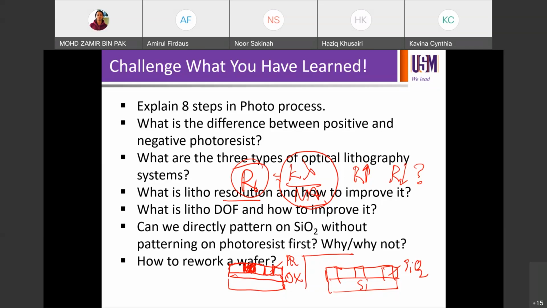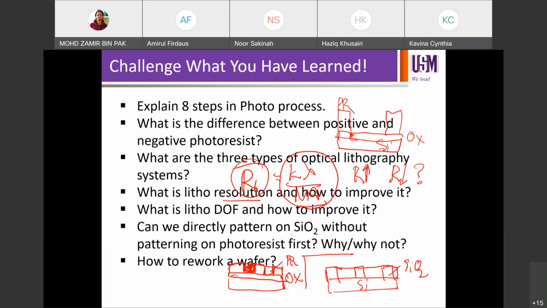So let me buat kat atas sikit so that you understand what this means. Silicon, oxide, and then kita start dengan resist that is already patterned. Okay, so this is the PR, photoresist, that is already patterned after CED, and then now you can see that your oxide is exposed in the central region, and this oxide can then be etched.